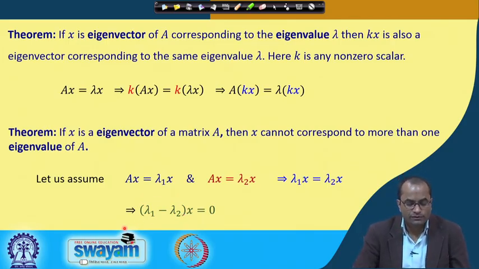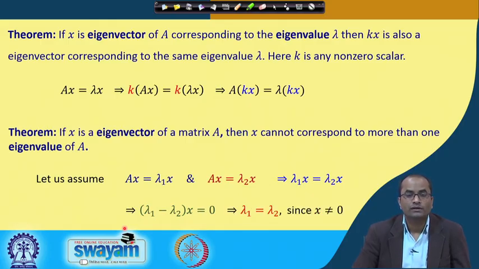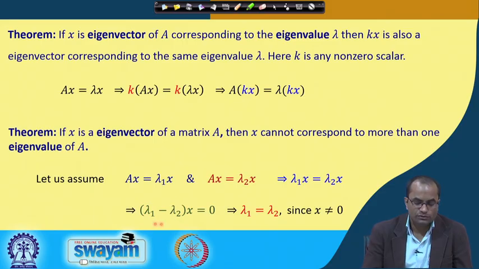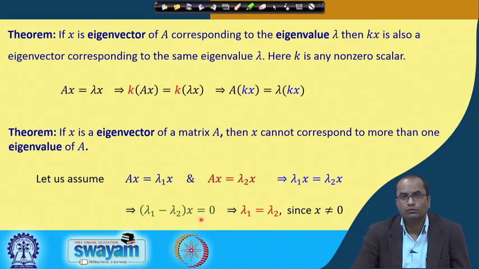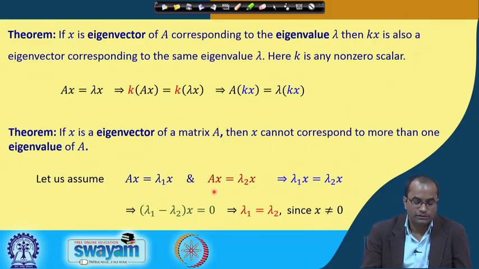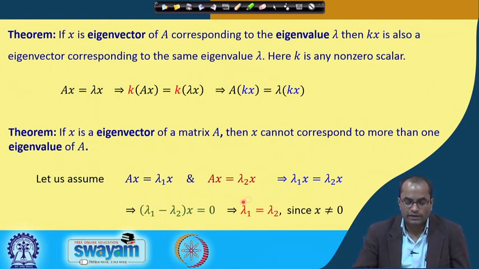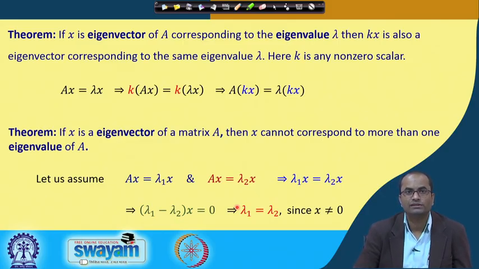So, naturally we should have lambda 1 minus lambda 2 equal to 0, meaning lambda 1 is equal to lambda 2, since x is an eigenvector. So, these two eigenvalues have to be the same eigenvalue.